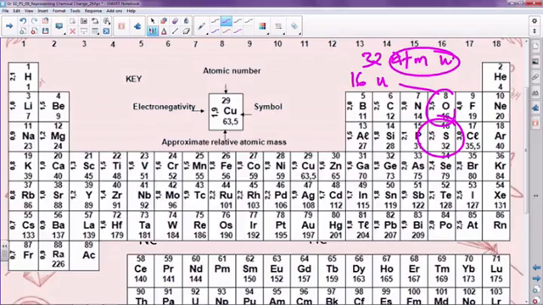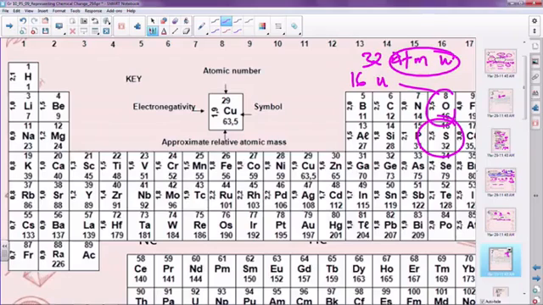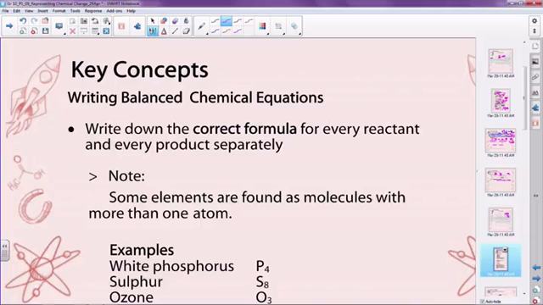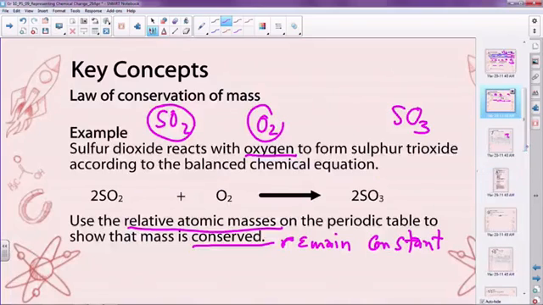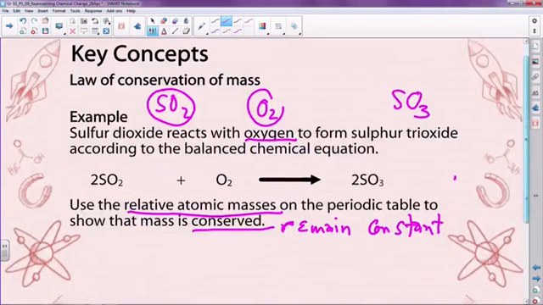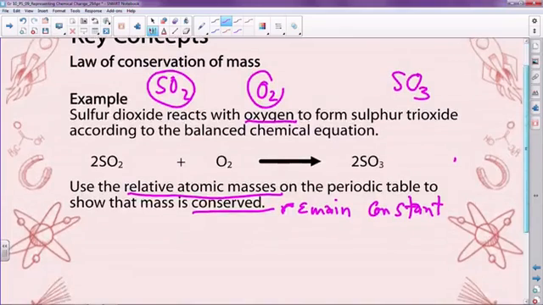Right, so if we can quickly go back to the question, there we are. Now, what we're saying is that we want to use the relative atomic mass.